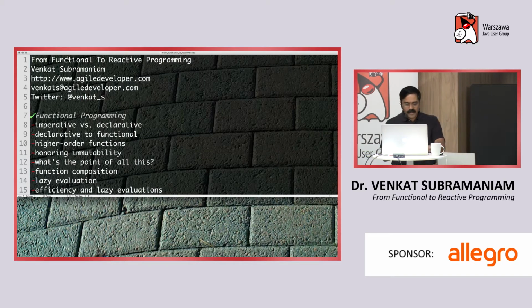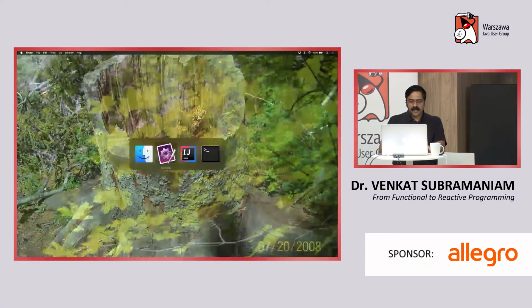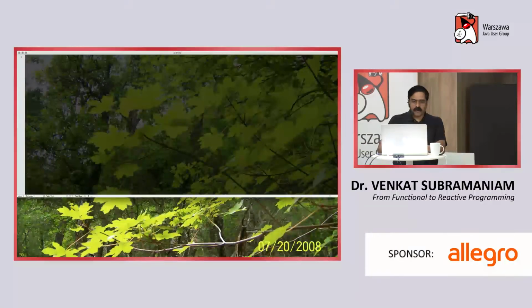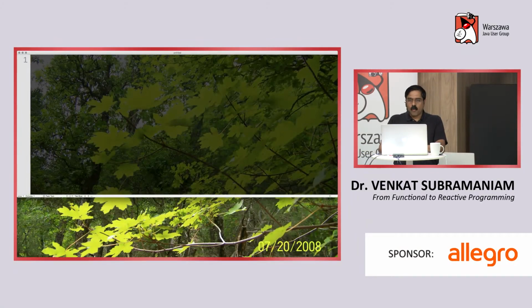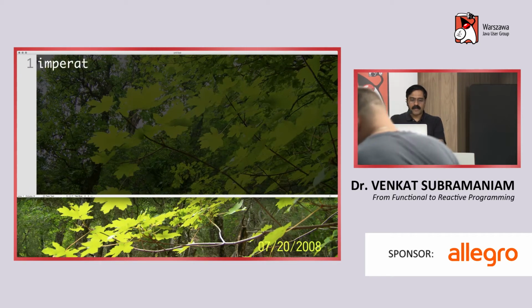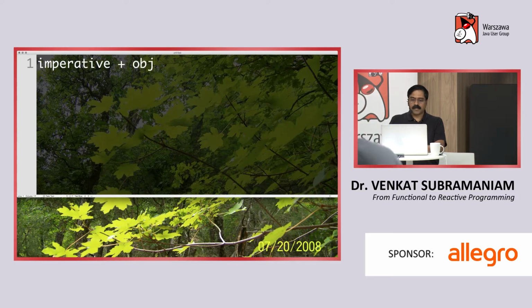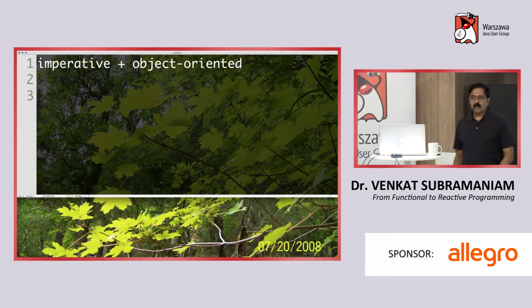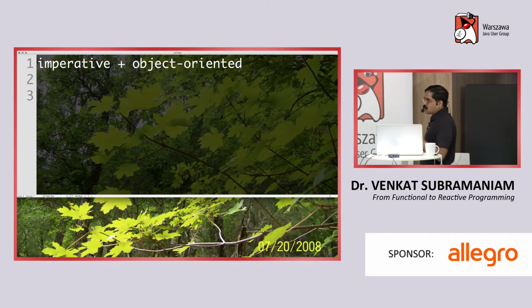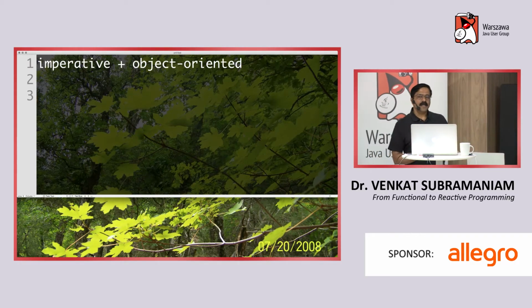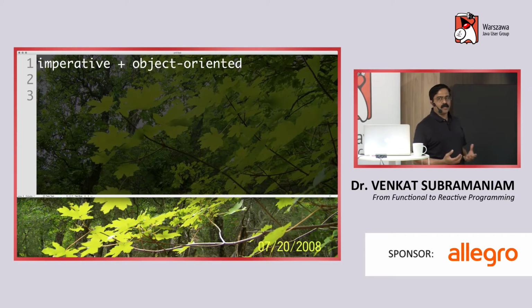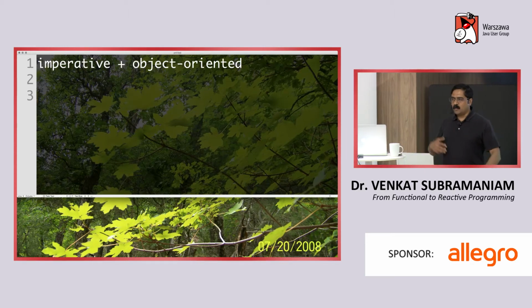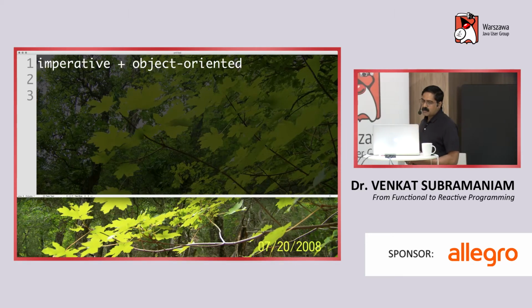So in a way, what the world has been doing for maybe 20 to 30 years is mixing imperative plus object-oriented. It's interesting how these two have played together for so long. We create objects, we create classes, we encapsulate data in them.